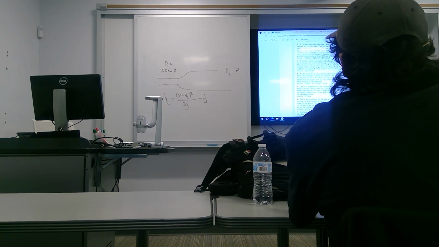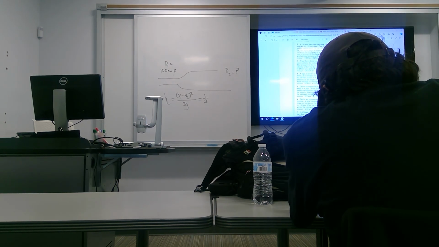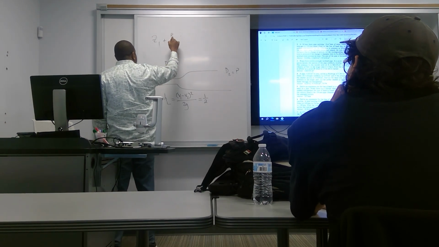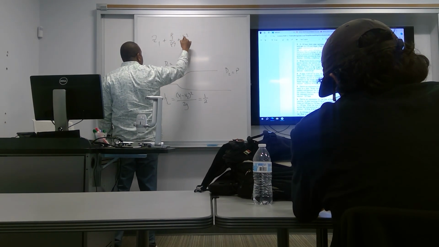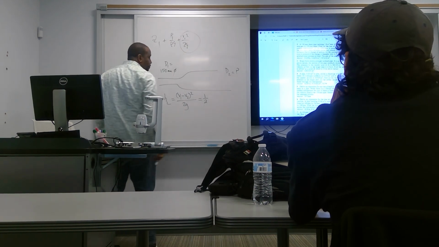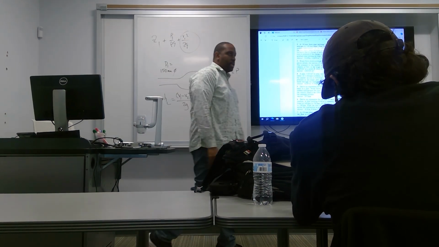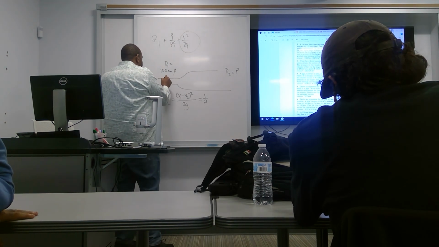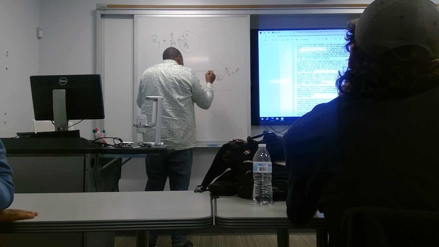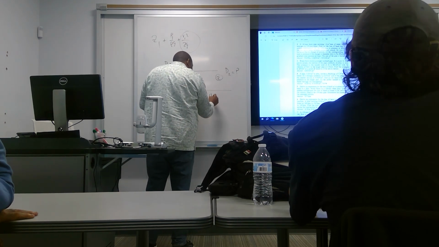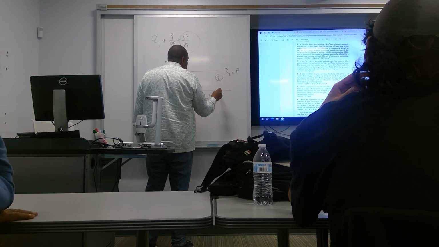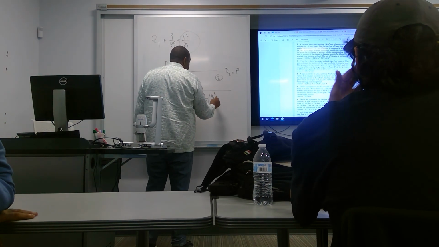Remember, when we write Bernoulli's principle, it's Z1 plus P1 over rho g plus V1 squared over 2g. This is the velocity head, and the smaller pipe is your V1. So it's 1/2 of the velocity head, which is V1 squared on 2g.